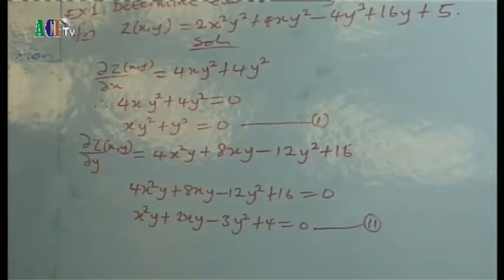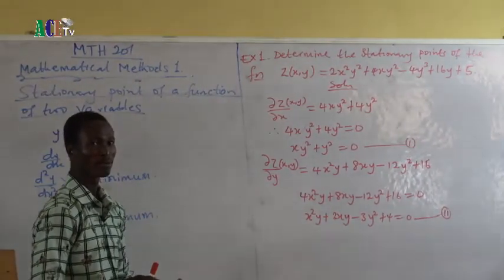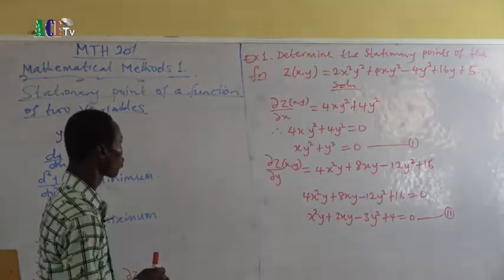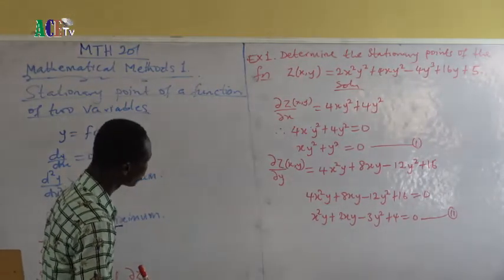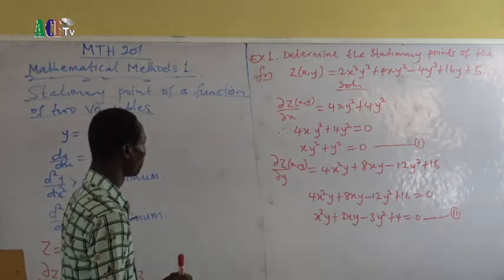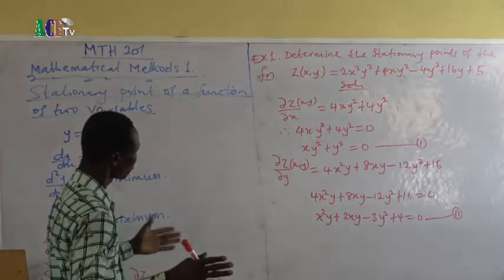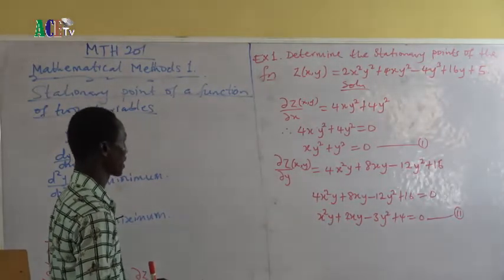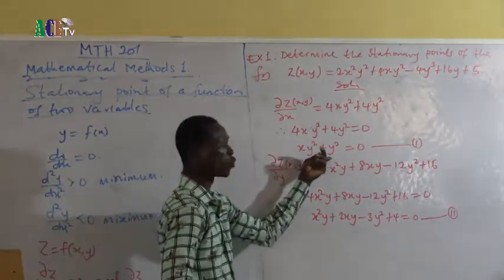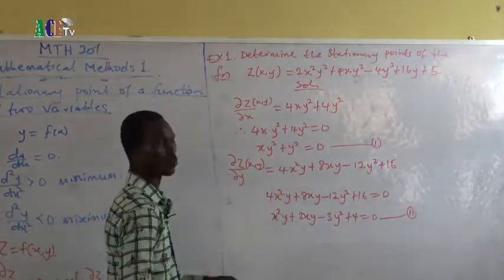Now, I will solve equation 1 and 2 simultaneously. It depends on you. I can take my y squared to be equal to minus xy squared from this one, whatever you like, or if you like, let me factorize y squared from 1.